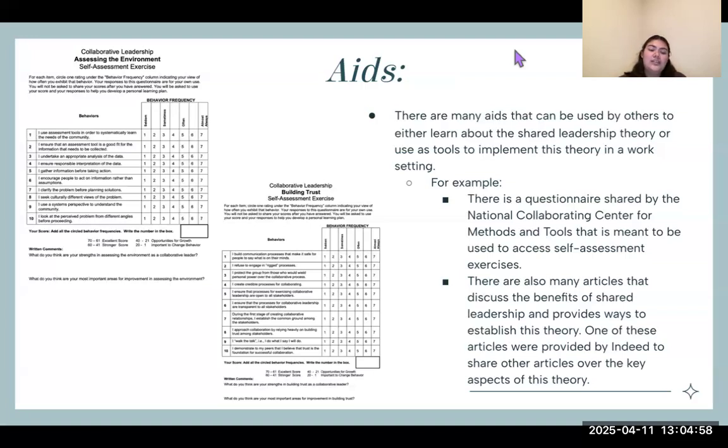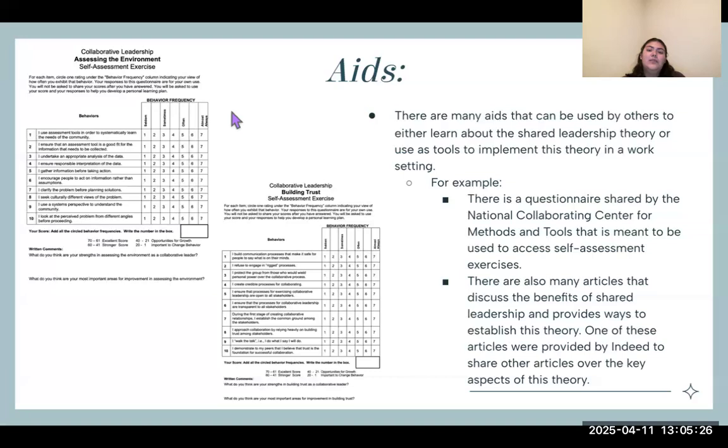I provided two examples. They can't be seen well, but one of them is on building trust, and one is assessing the environment in which they'll be working. I think these aids and assessments are very helpful for a person to get a look into how they work and their own work ethic and how they would work in a system like this.